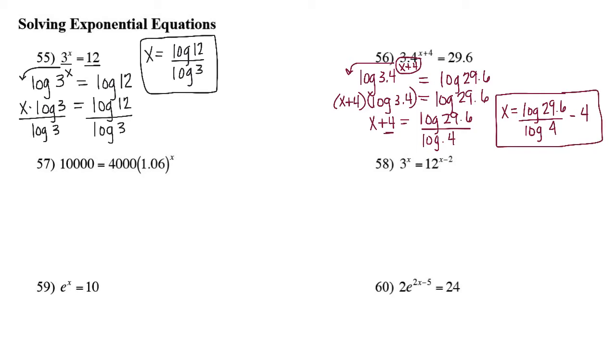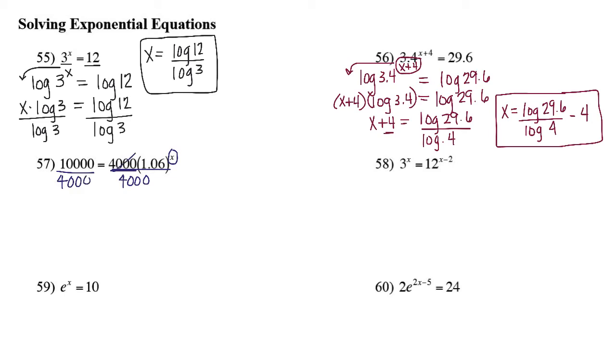For this example, we will have a lot of the same steps, but with this one, notice how the problem is set up. Our x is here, and notice this is 4,000 times 1.06 raised to the x. So the first thing I would do with this problem to simplify it would be to divide both sides by 4,000.